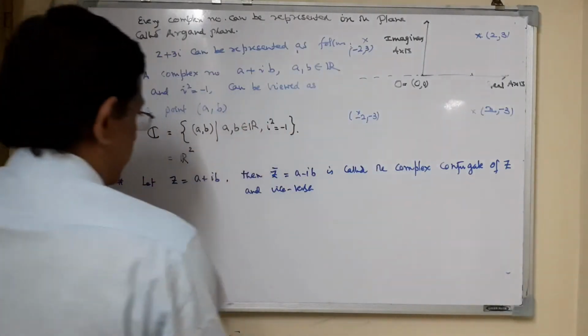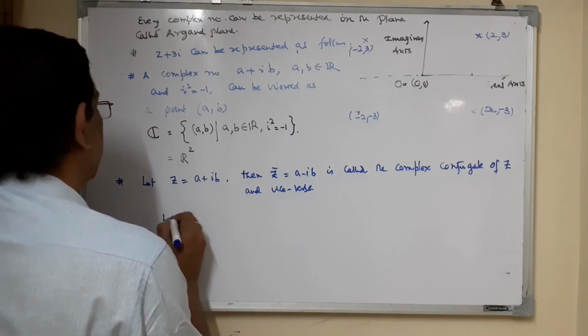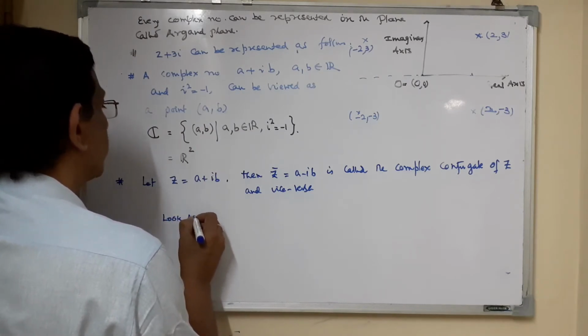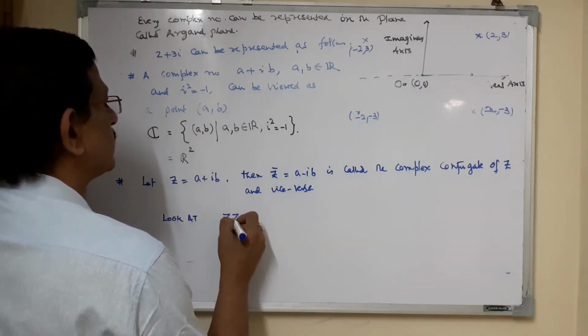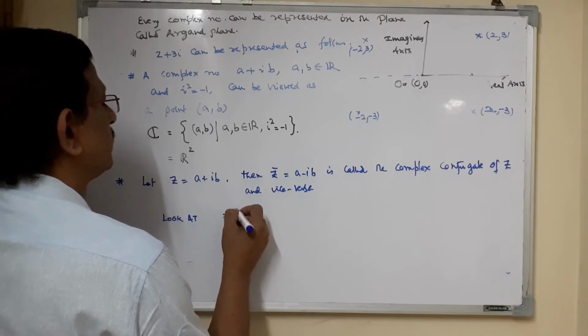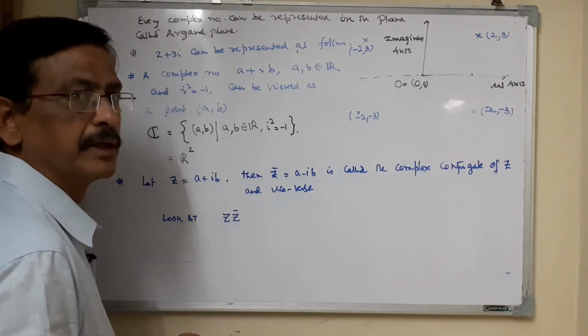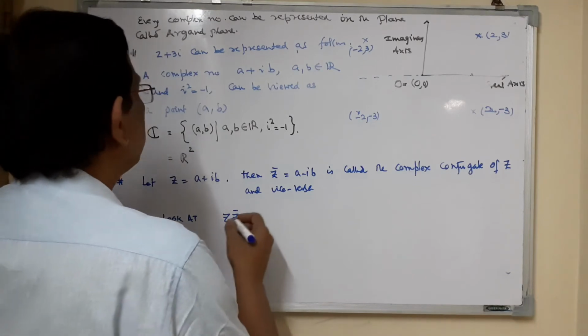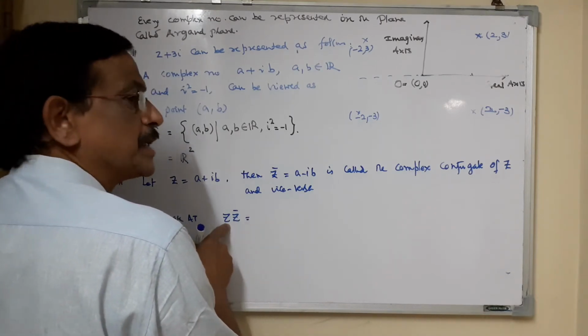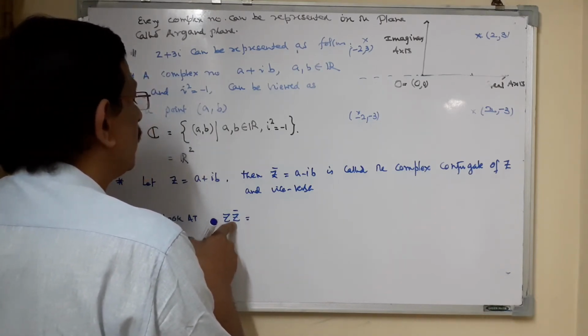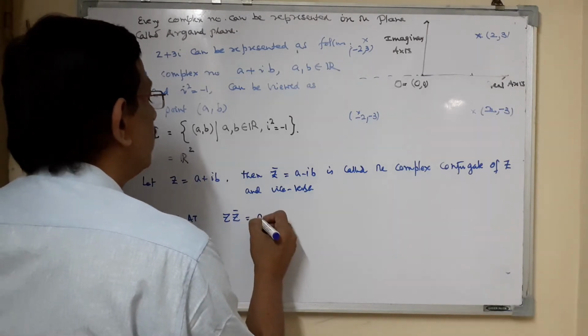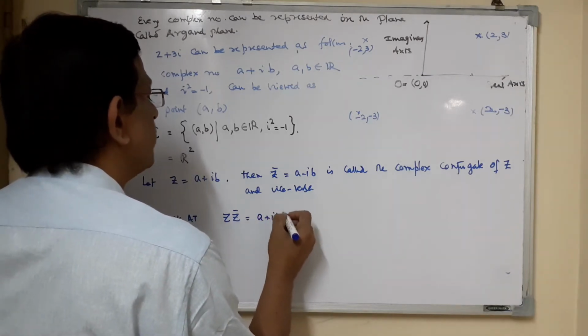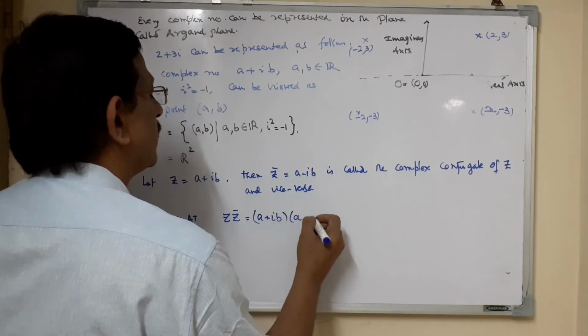Now let us look at z times z bar. Actually at this point I don't want to look at it, but we'll see what happens. (a plus ib) into (a minus ib).